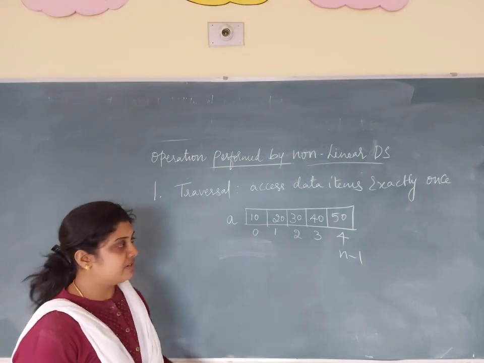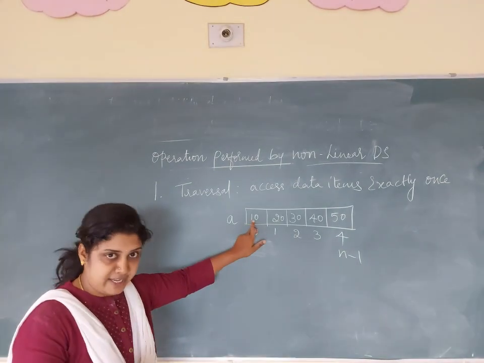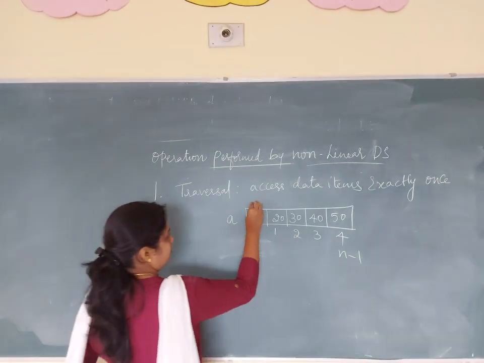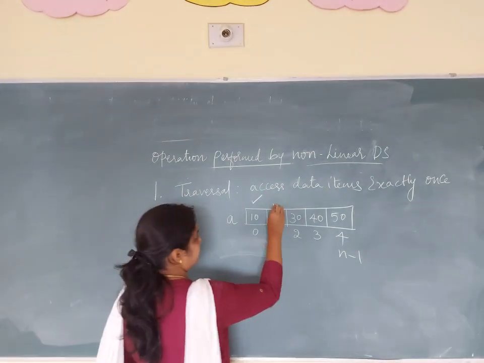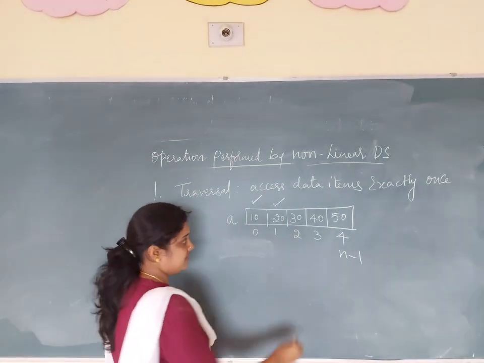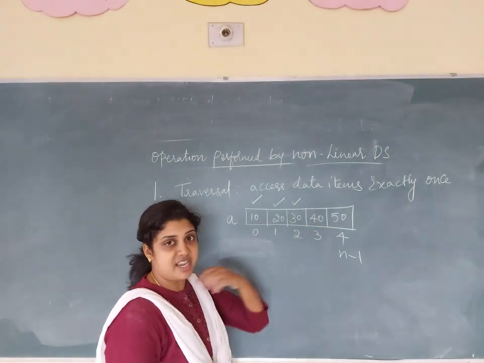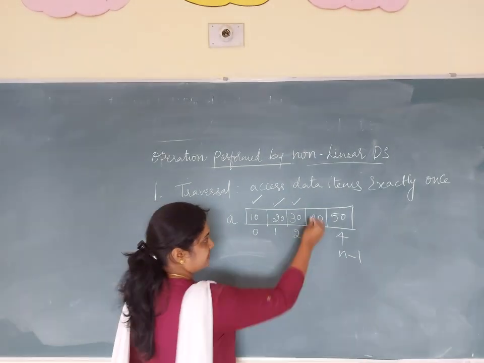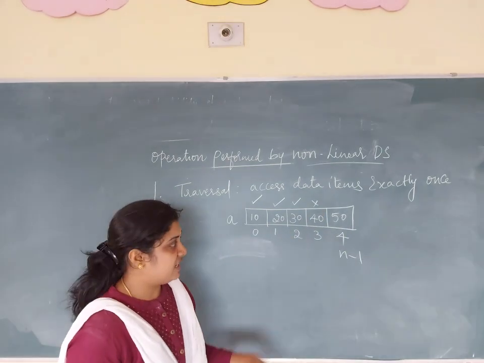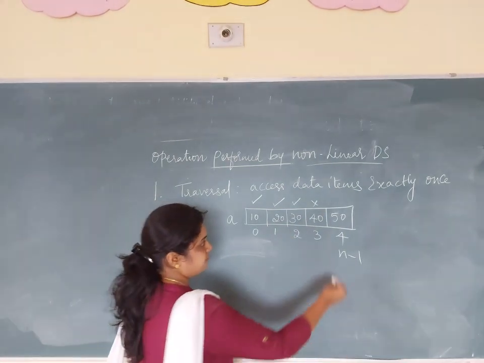As a programmer, I have accessed data item 10, I have accessed data item 20, I accessed data item 30. I didn't access the data item 40, and even I didn't access the data item 50.